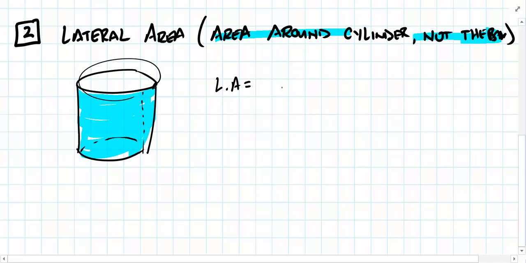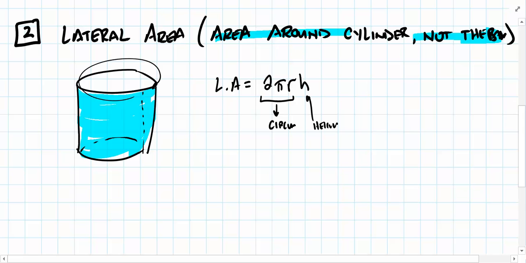The circumference of a circle is what? 2 pi r, right? Now, we also have a certain height to this cylinder. So if we multiply by the height, that will give us the lateral area, 2 pi r times h. Remember, this part right here is just the circumference, and this part right here, of course, is our height.